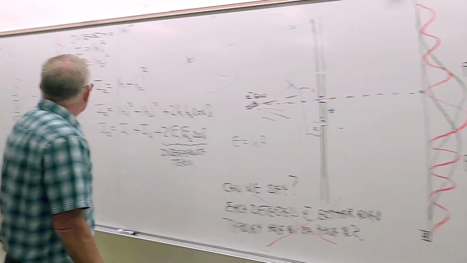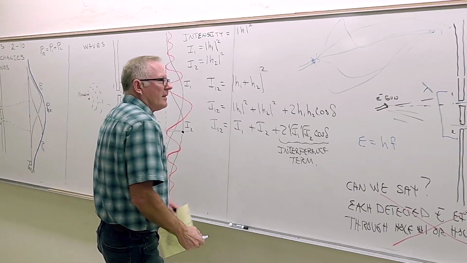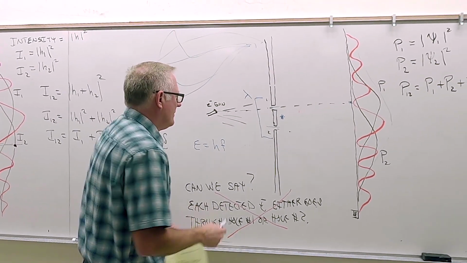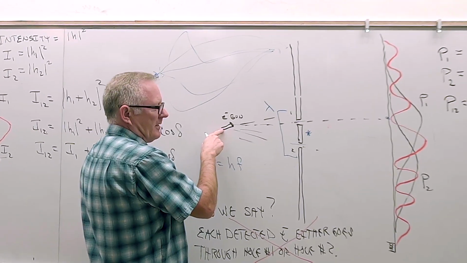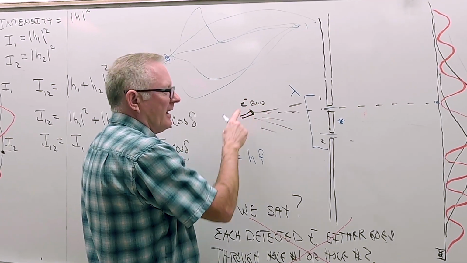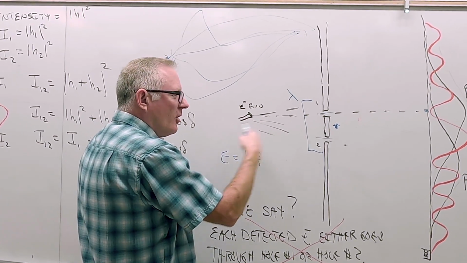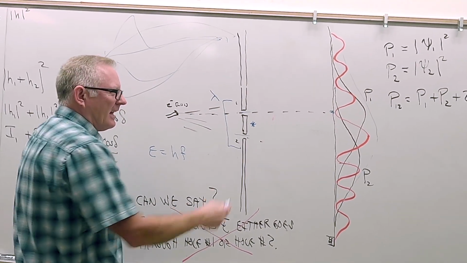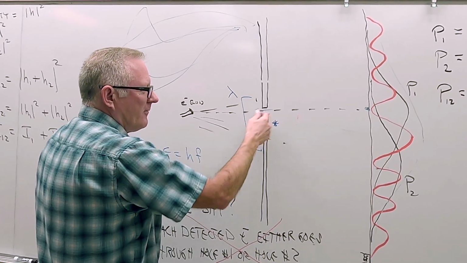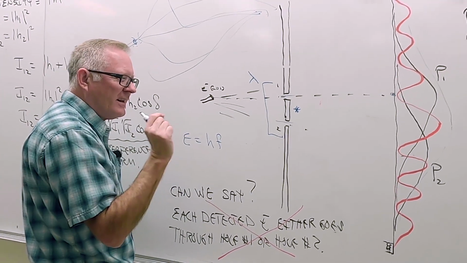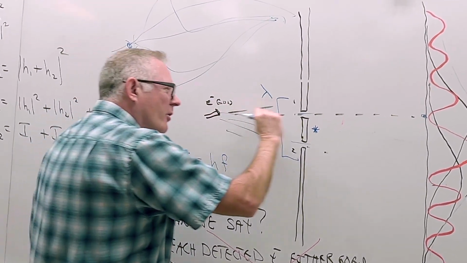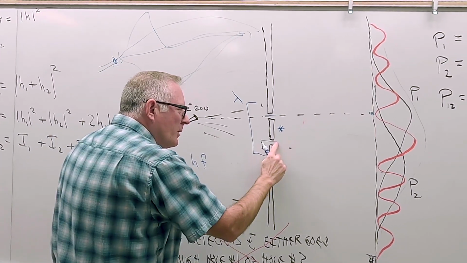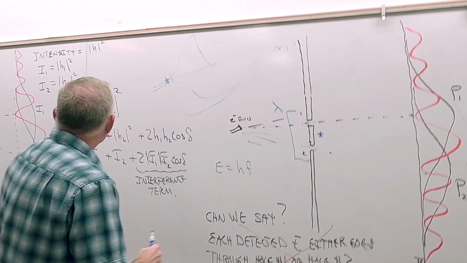If we look at, what about light? What if this were light coming through here? What if this were a light gun? Well, if you don't look at it, you get this pattern. If you start detecting the light to try to figure out which slit, if you go down to 1 photon at a time, throw them one at a time, and detect which one they go through, you'll get the blue pattern.